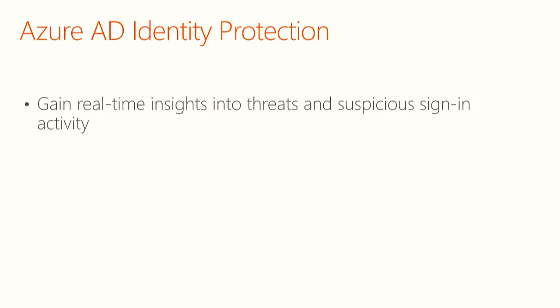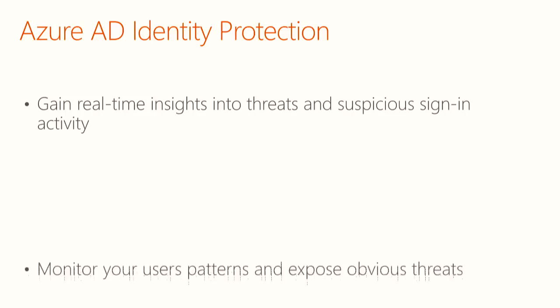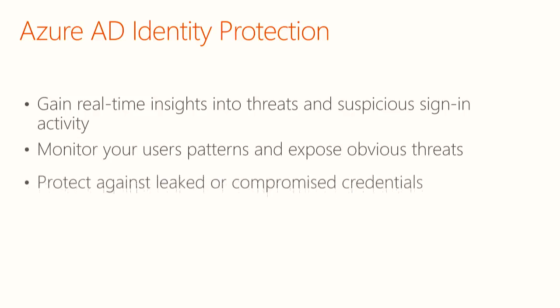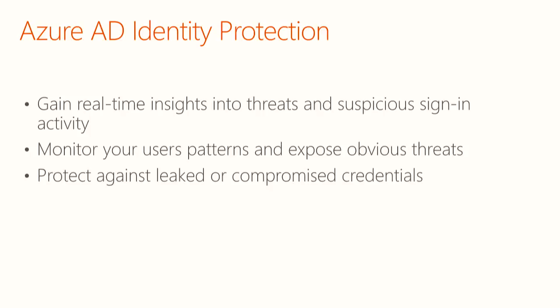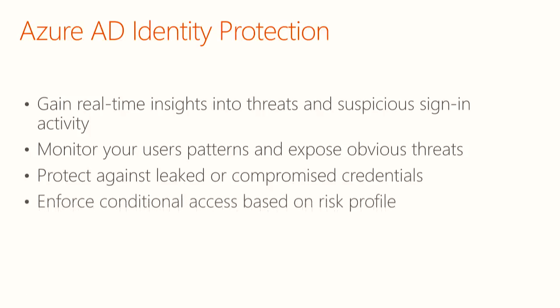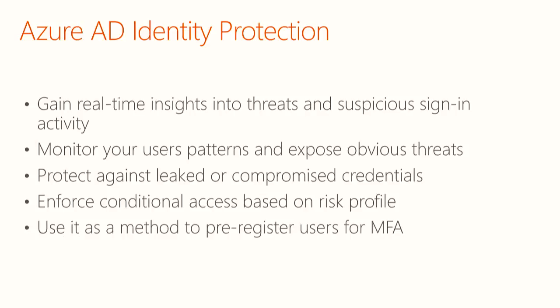We leverage behavioral analytics that we derive through analyzing your users' activities with machine learning, and we turn that into a capability to respond to risk at authentication. So we monitor the user's patterns, expose obvious threats, and protect against leaked and compromised credentials. This is intelligence that we get from other vendors. And then we can enforce conditional access based on the risk profile. So I'll just do a demo. Let's do a demo.